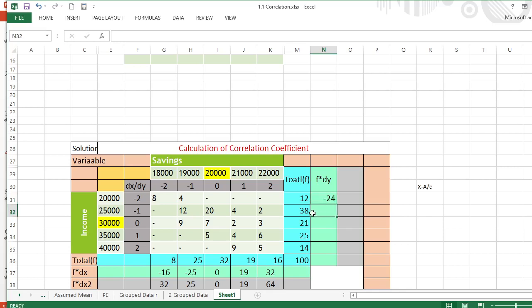Then next one 38 into minus 1, so it is minus 38. And here 21 into 0, so it is 0. Then 25 into 1, so it is 25. Then 14 into 2 is 28.